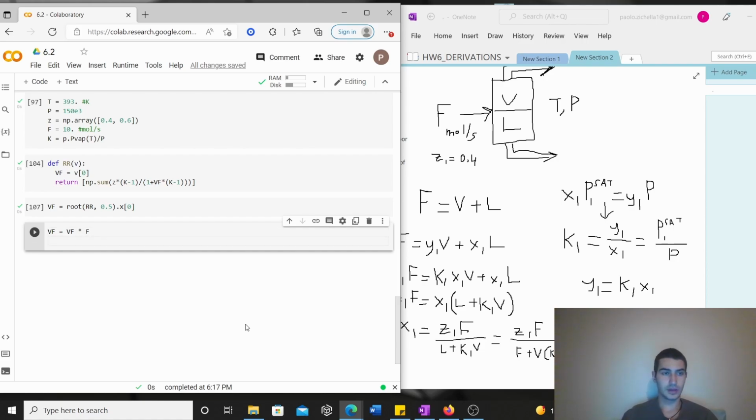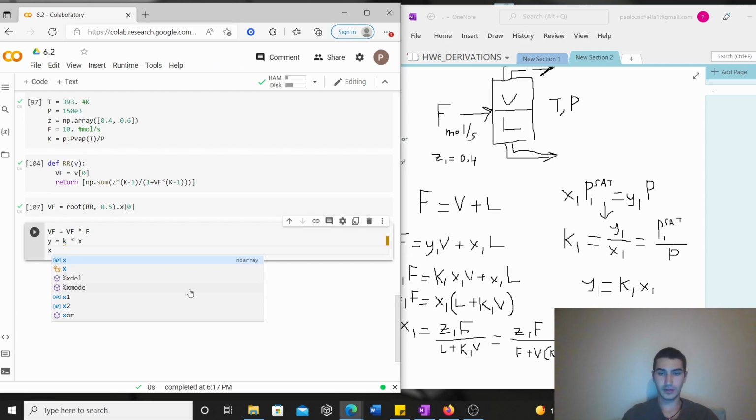And we also know that Y is equal to K times X. Then for X, we have the value right here.